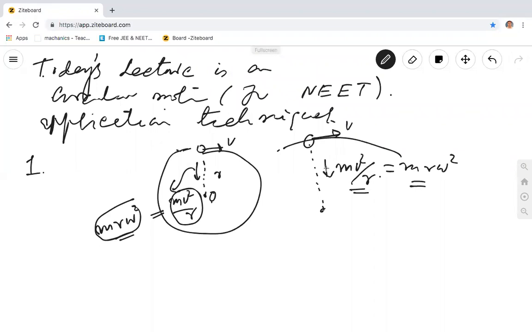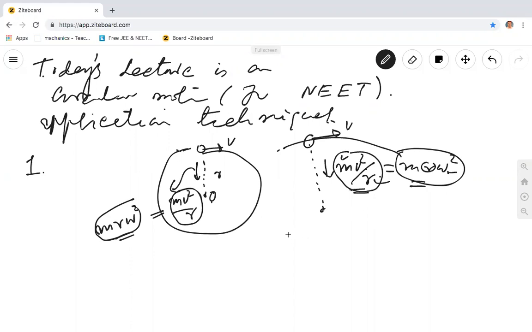It must be provided by real agents. Some real agent must provide this force for a particle to move in a circle of radius r, whose mass is m and whose speed is v, or whose radius of the arc is r and whose angular velocity is omega. It is very important.